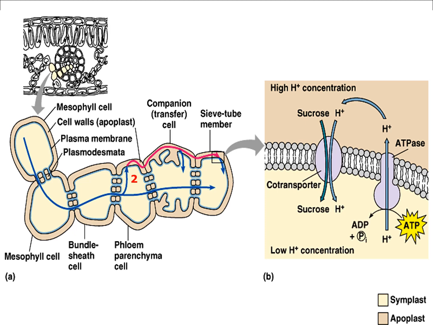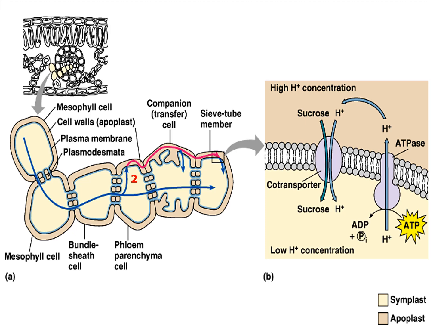Evidence indicates that the sucrose hydrogen ion cotransport mediates sucrose transport between the apoplast and the symplast. The sugars are actively loaded into the companion cells and the sieve tube elements from the apoplast.